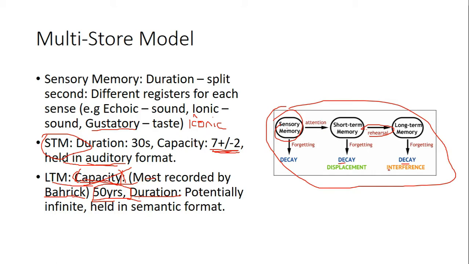Interference is not like another piece of information coming and replacing it. Instead, it's more like a piece of information coming along and editing your knowledge somehow. So for example, you might remember an actor's name wrong because you associate them with a character, and then another actor plays that character.